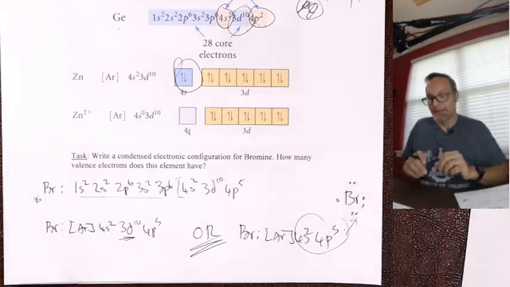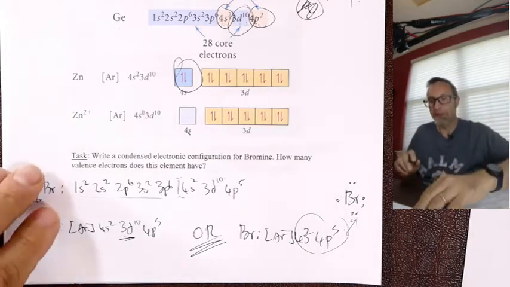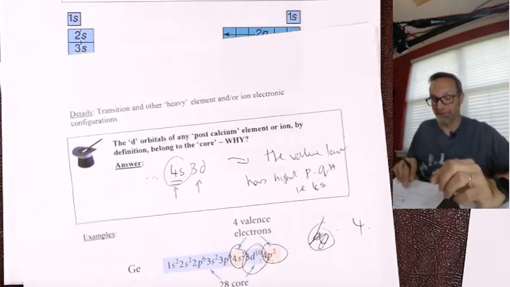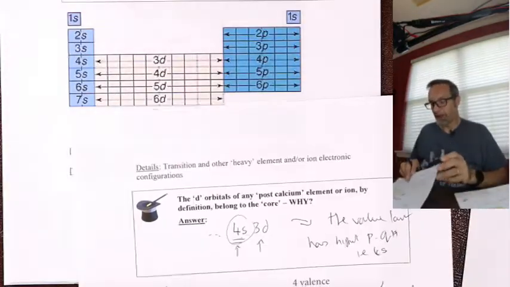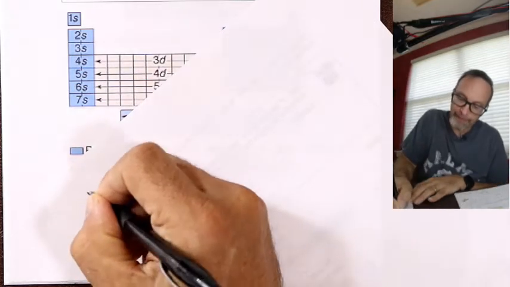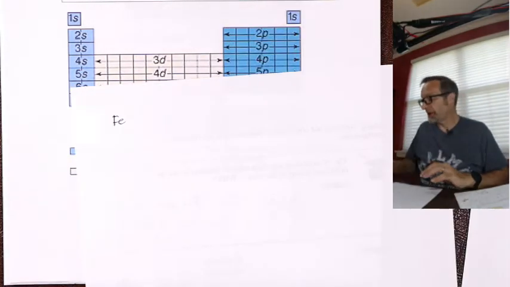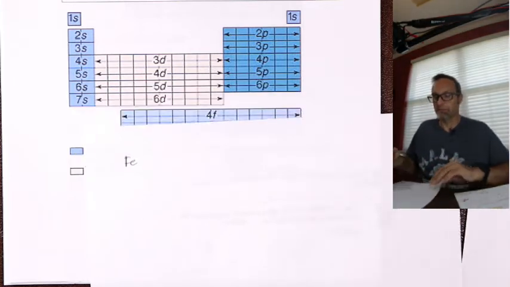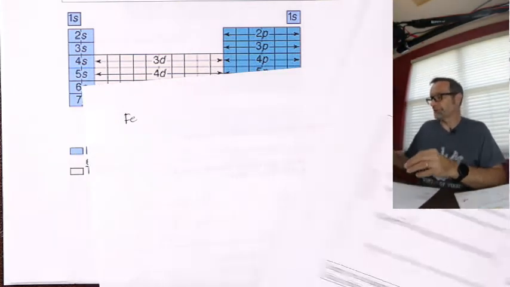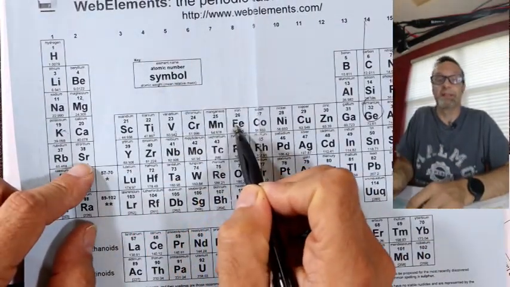Now, it gets even more interesting when we do things like iron, Fe. If I look at what iron is in the periodic table, it's the 1, 2, 3, 4, 5, 6, 6th one along in this block.